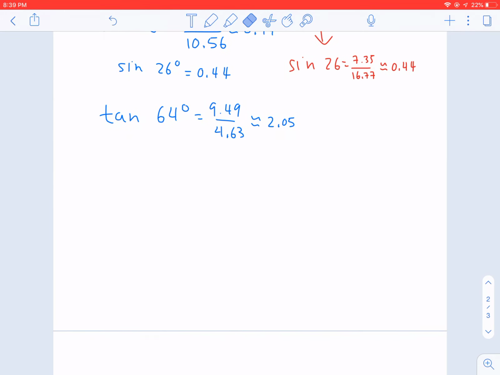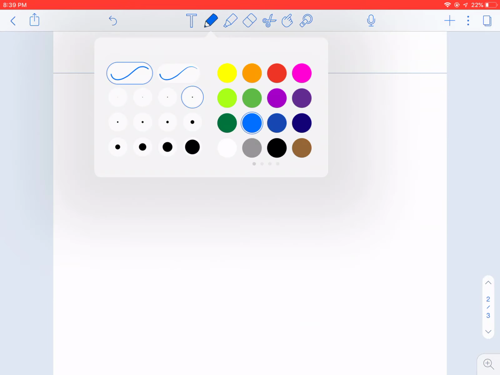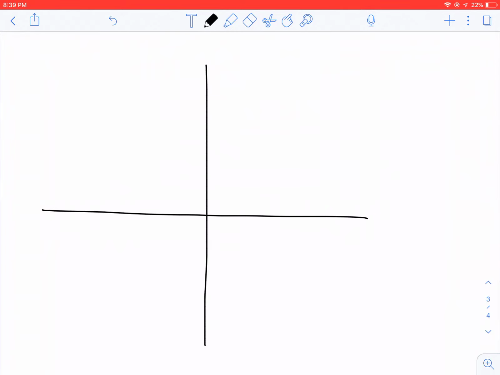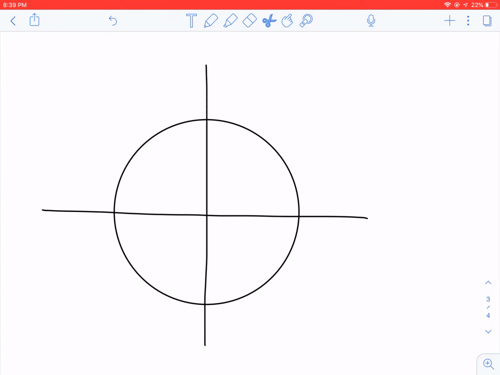All right. So one more thing is, if I draw an XY plane and I draw a circle centered at the origin here. All right.